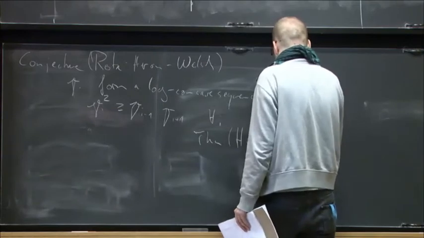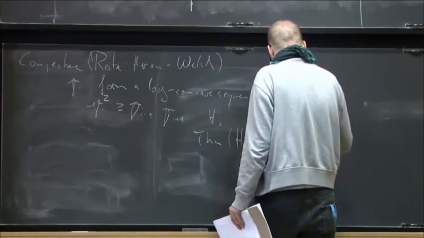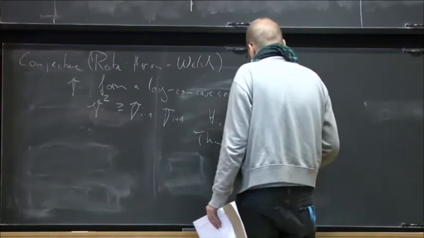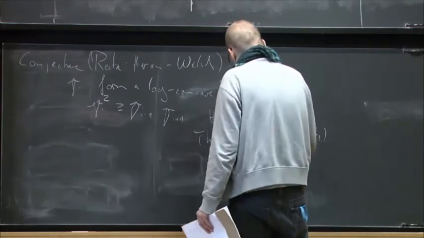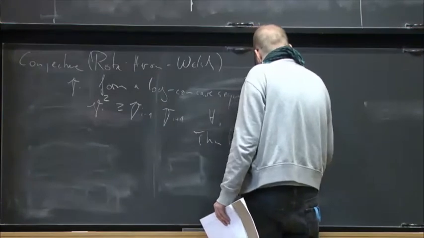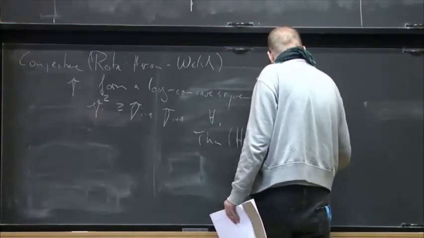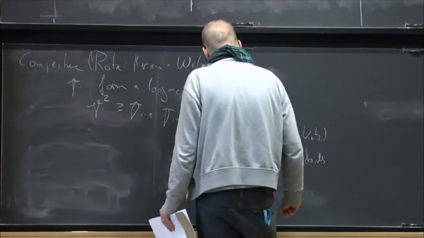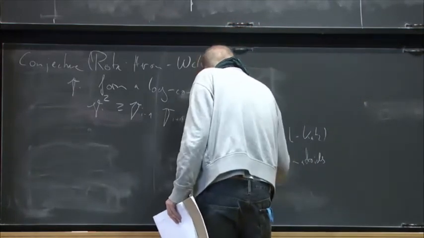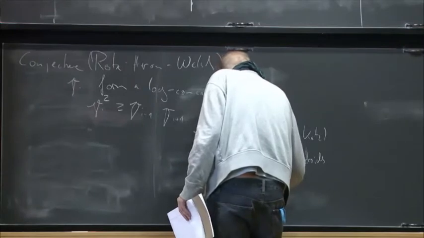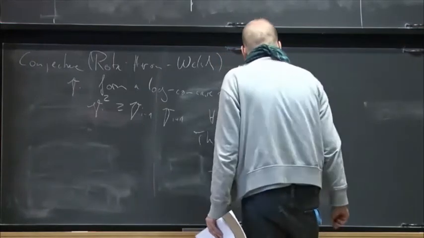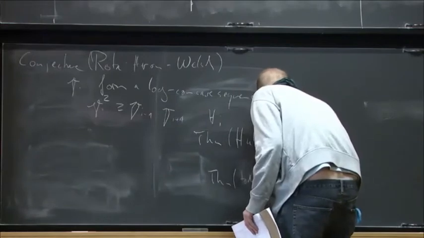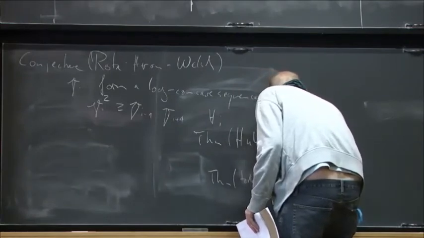So first, June, and then together with Eric Katz, they proved it for realizable matroids. And today I will present to you the proof for C matroids.